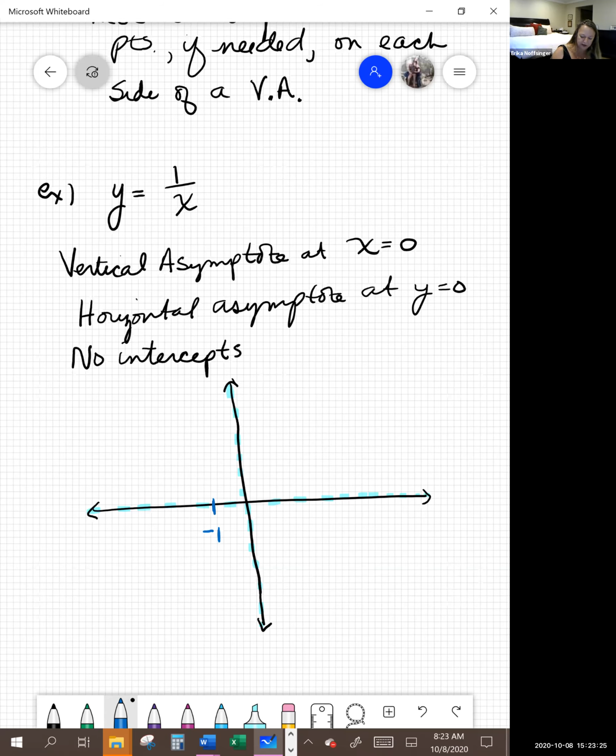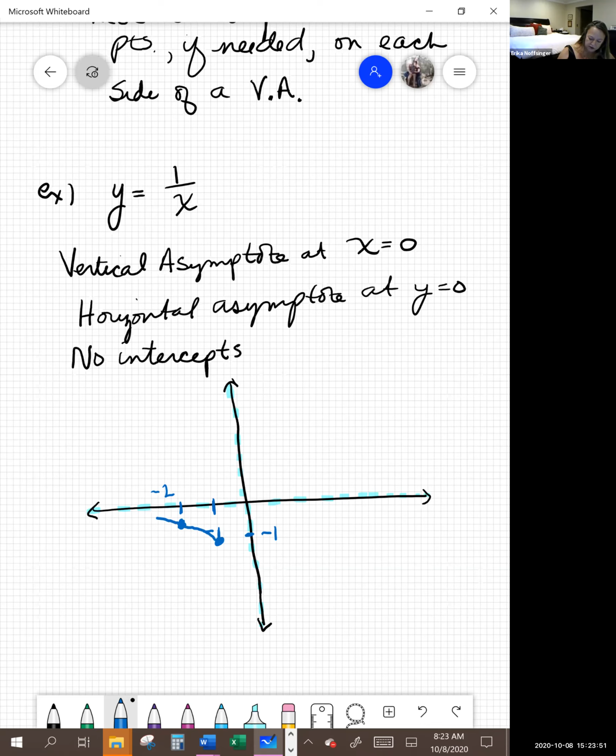I see my y value is also -1. So I have a point here. If I plugged in, let's say, -2 for x, 1 over -2 is -1/2. So just by those points and knowing where those asymptotes are, we can see what's going to happen here.